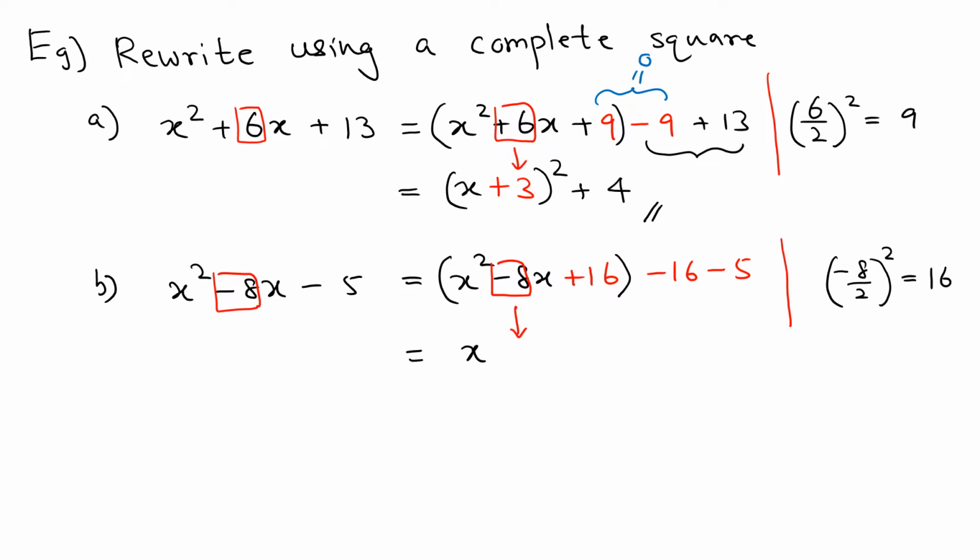So if you take half, you get negative 4 this time, and then squared. That's what the formula says. Then we simplify this side, and you're going to get negative 21. So that's what you get for the second problem.